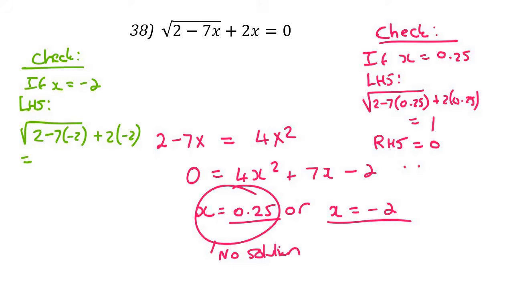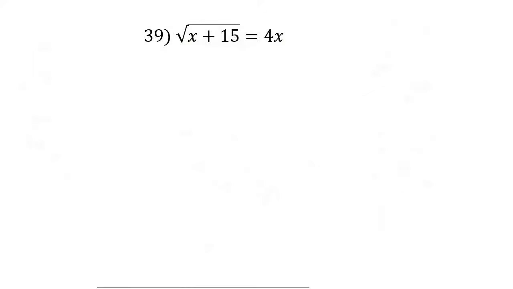And if we go work that out, it gives us 0. And the right-hand side is also 0. So because the left-hand side is the same as the right-hand side of this equation, everything's good, and so this is our answer. So with 39, we have a square root.